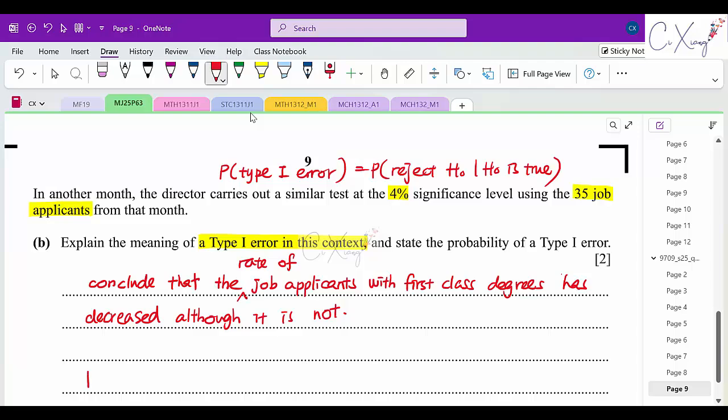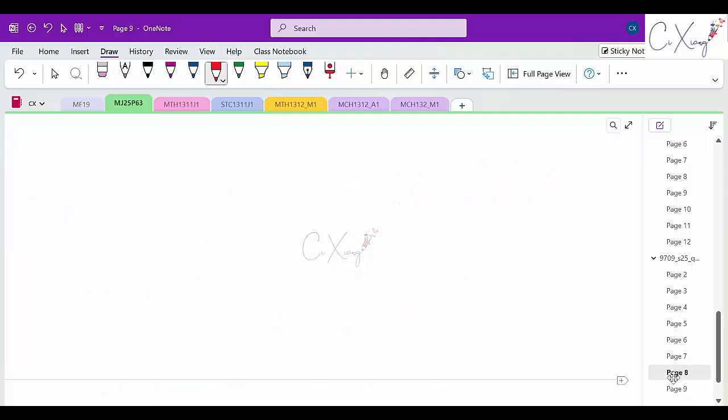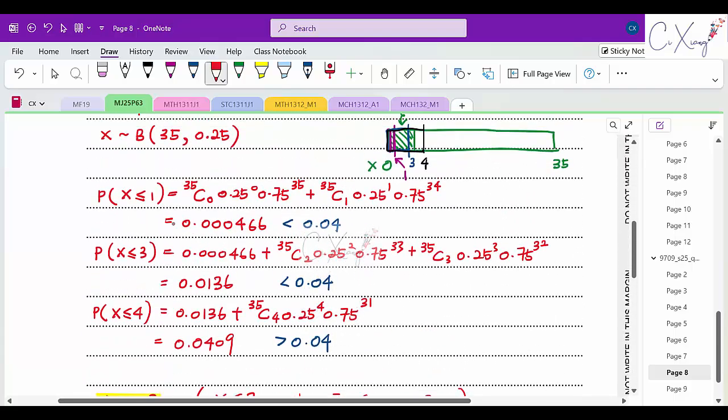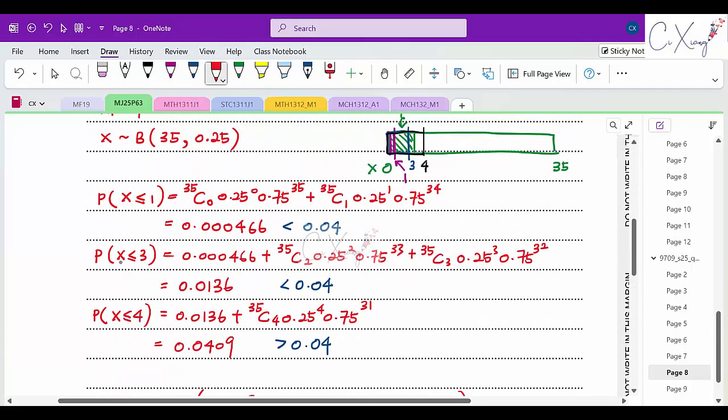Okay, then after that, what is the type 1 error? So the type 1 error, according to the definition here, is the probability of reject the null hypothesis when null hypothesis is true. So for the calculation just now, x smaller equals to 1, x equals to 3, and also the 4, which one give you the result of reject the null hypothesis?